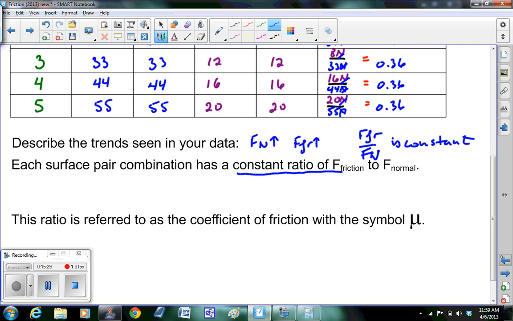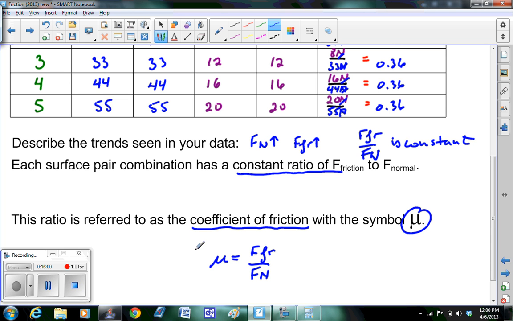Now this ratio is of special significance. It's called the coefficient of friction, and we give it the symbol mu, the Greek letter mu. The coefficient of friction is constant, as I said, for any two surfaces, and it represents the ratio of force of friction to force normal. So we can write an equation: the coefficient of friction is equal to the force of friction over the normal force.